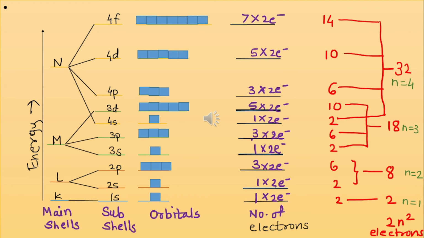And 4f has 7 orbitals and can have 7 times 2, that is 14 electrons. So together in the fourth main shell, 2, 6, 10, 14, that is 32 electrons the N shell can accommodate. And this is equal to the 2n square rule, where n is equal to the principal quantum number.